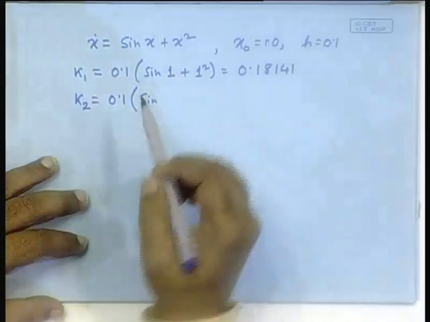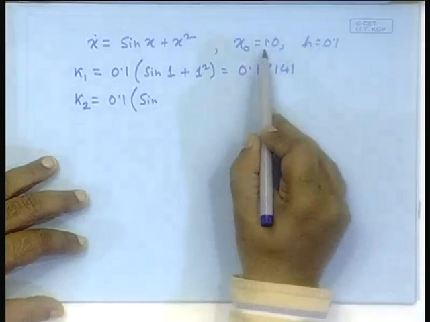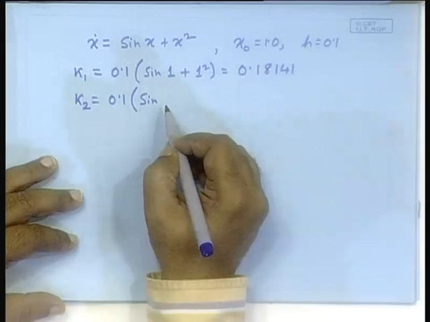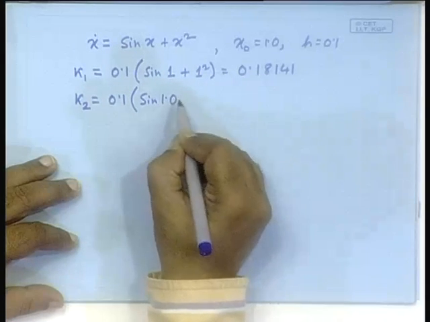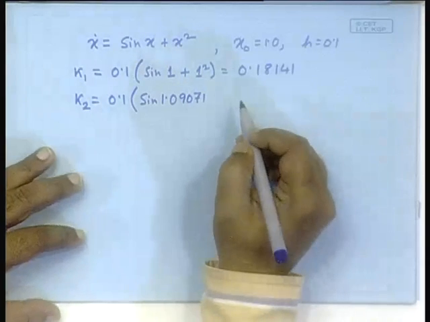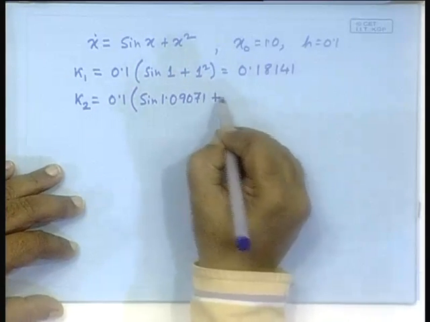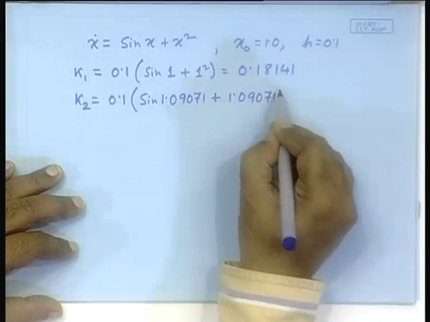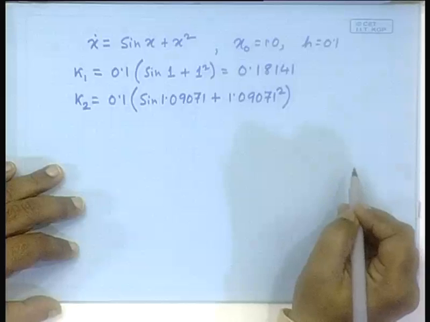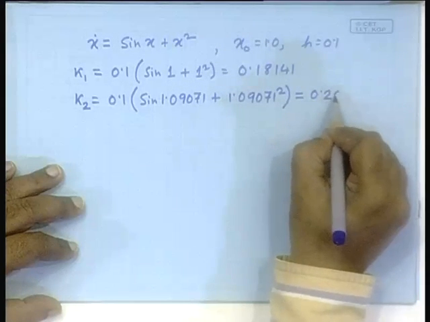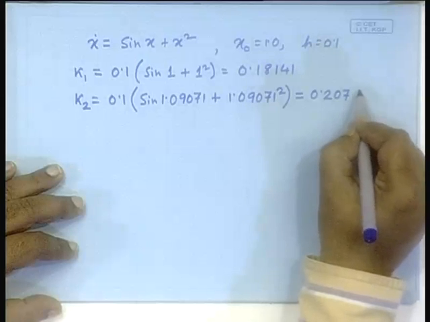Now, just calculate, x naught was 1.0 plus half of this, it would be 1.09071, plus 1.09071 square is equal to 0.20766.